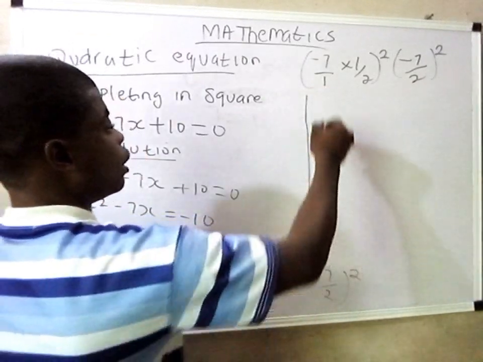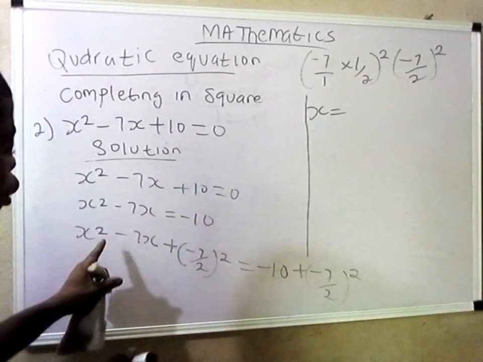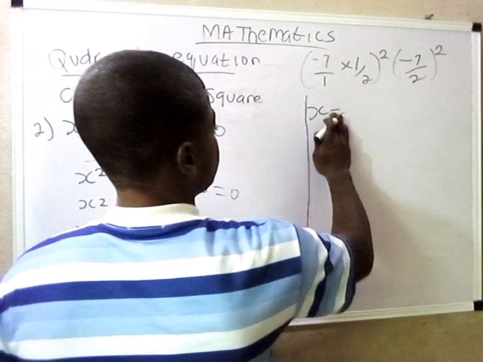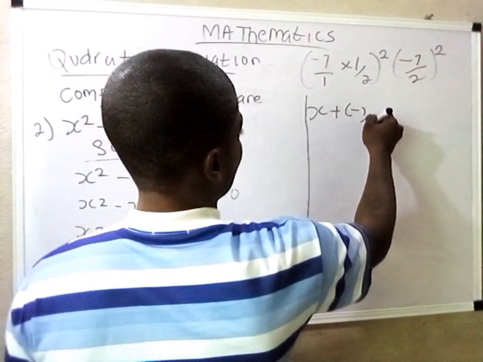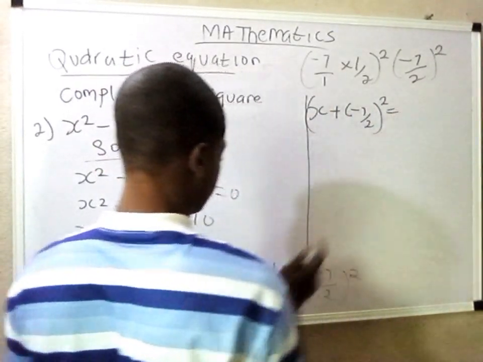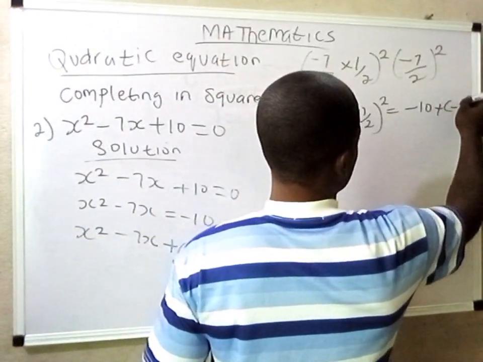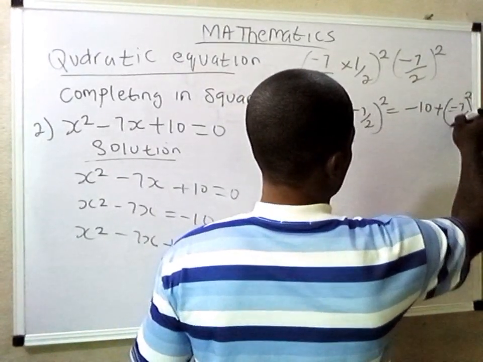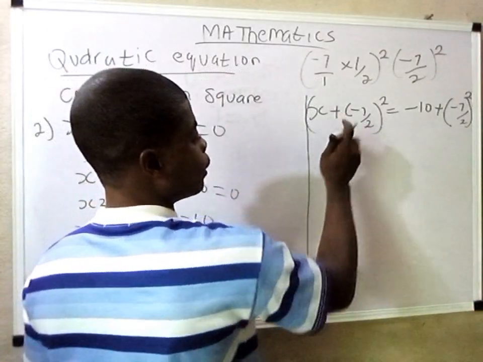Because both of them are having square, we just take one square. That's saying that x plus bracket minus 7 over 2 all squared then equals minus 10 plus minus 7 all over 2 all squared. Okay, then we can open the bracket.